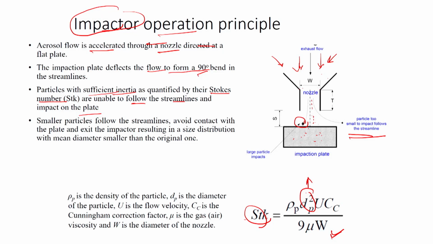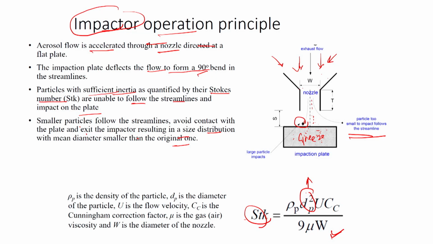And this impaction plate usually has grease, because a particle can bounce back again, but with the grease it will just stick to the plate and not come back. Smaller particles follow the streamline, avoid contact with the plates, and exit the impactor, resulting in a size distribution with a mean diameter larger than the original one.